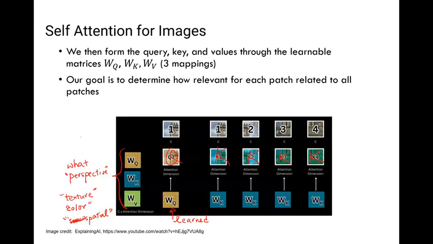But I have to tell you, sometimes this perspective cannot be interpreted by humans. Sometimes you don't know why the machine learns this perspective for your image classification or other applications. Texture, color, and spatial are just things we can interpret, but there can be perspectives that we don't understand.